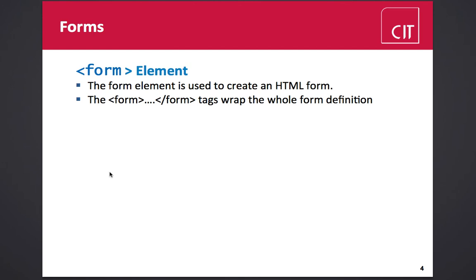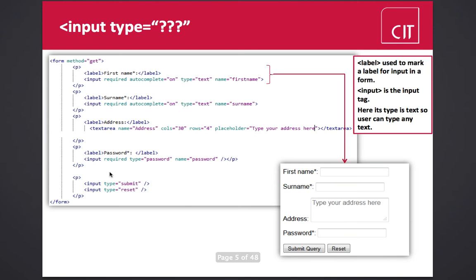Okay? So in HTML, we use a form element to specify a form. And then inside the form, we'll have a variety of different kinds of inputs. A label is used to identify what the person's supposed to type in.